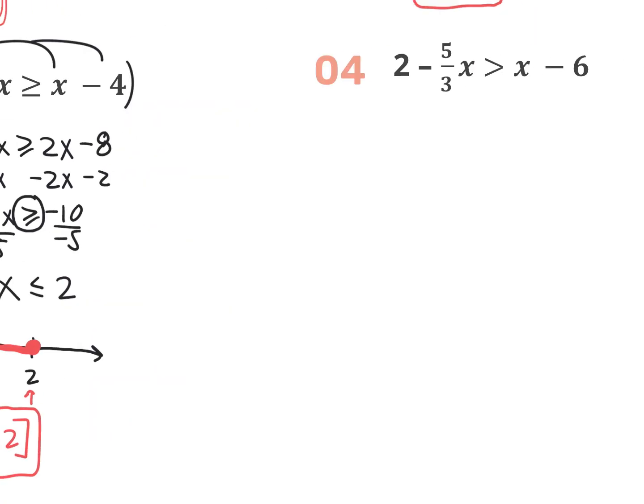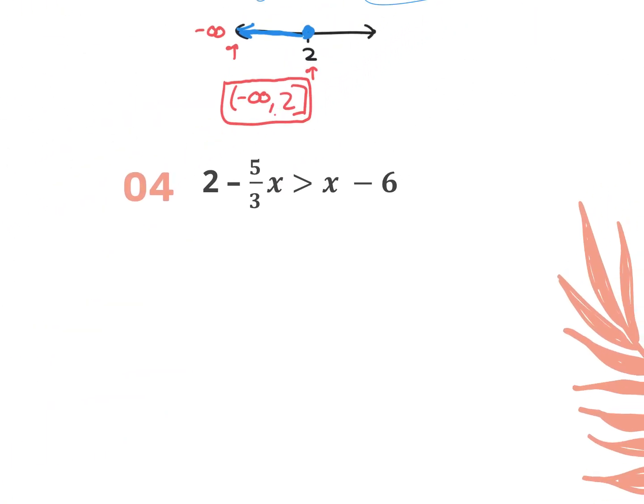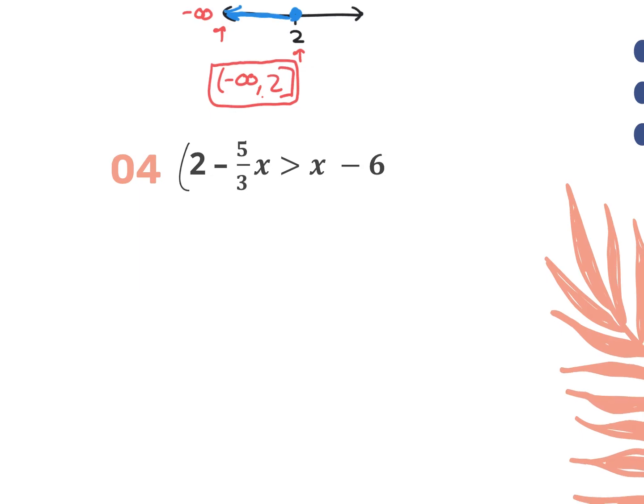All right, let's try the exact same thing with the next one. I'm going to multiply every single part of this inequality by what's on the bottom, our least common denominator, which is 3. So let's multiply everything by 3, and then we get 6 minus 5x is greater than 3x minus 18.